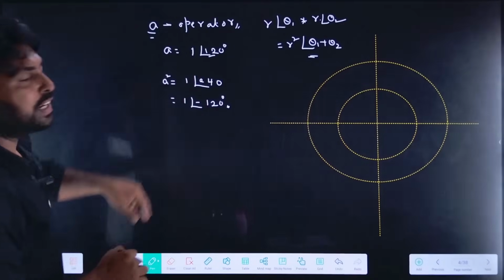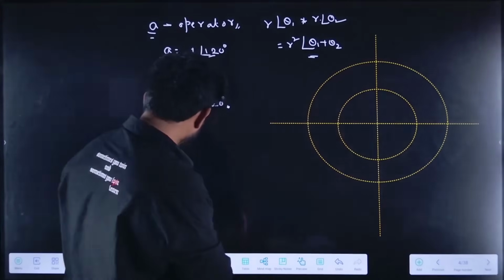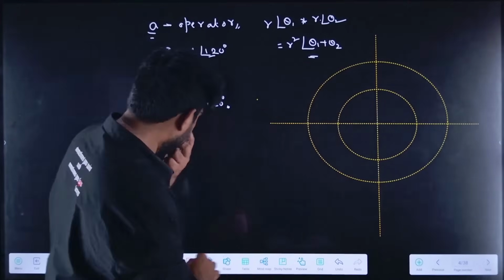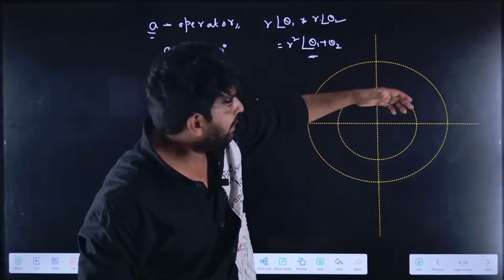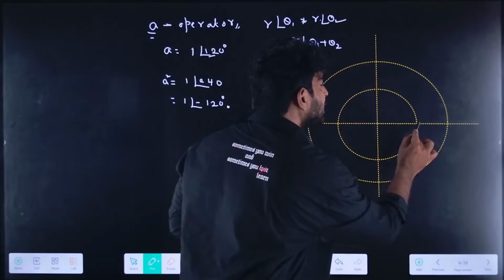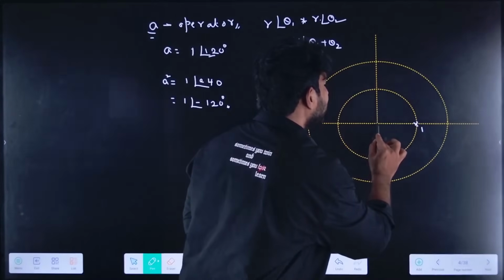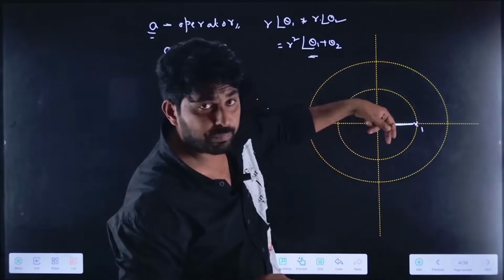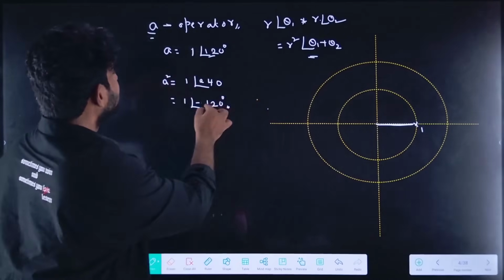Let us represent it here. Let me take the white color. Here, I will take the reference positive and the negative axes, and let us take this as a reference, which will be 1. Here 1 at an angle minus 120 degrees is A square.